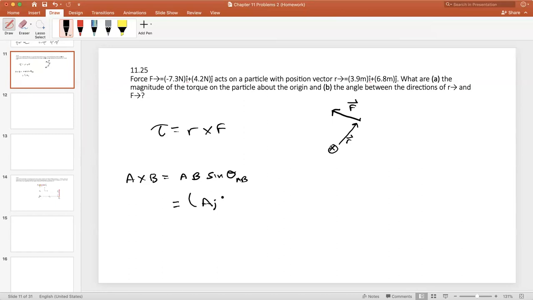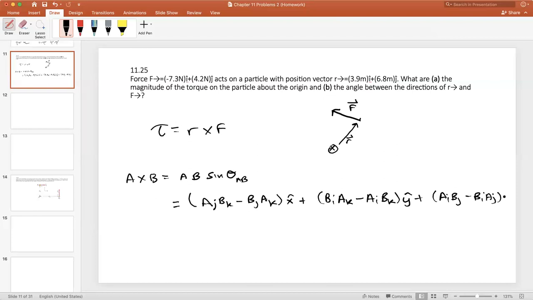So AJ times BK minus BJ times AK in the x hat direction, plus BI AK minus AI BK in the y hat direction, and finally AI BJ minus BI AJ in the k, or z hat, direction.